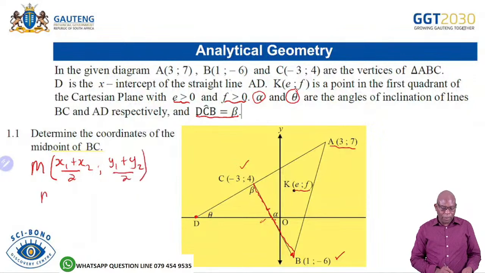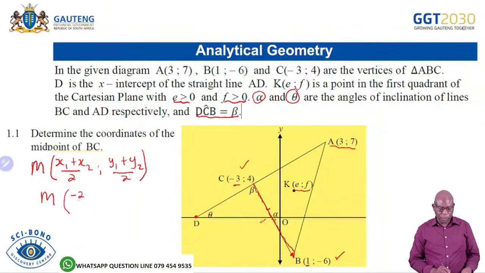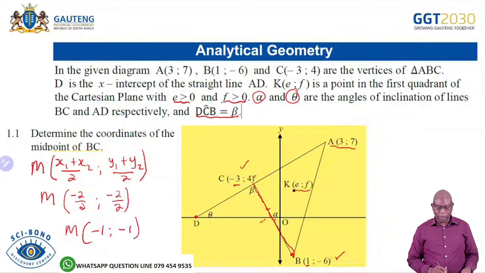Okay. So now my point of the midpoint will be: x at C is minus 3 plus 1, which will give you minus 2 over 2. And the other one will be 4 plus minus 6, which is going to give us negative 2 over 2. So my midpoint will be (-1; -1).